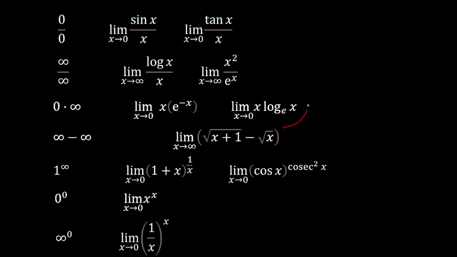You just rationalize it: x plus 1 minus x divided by under root x plus 1 plus root x, and again x tends to infinity.